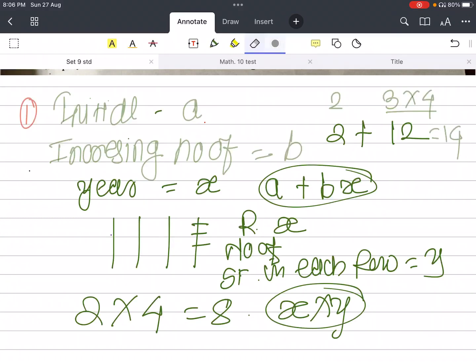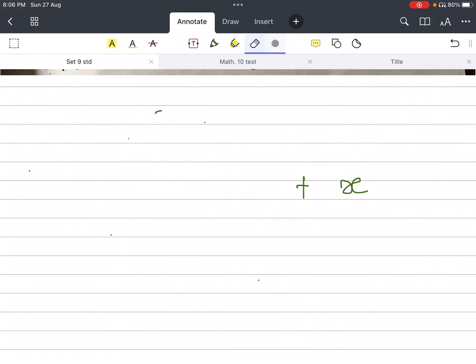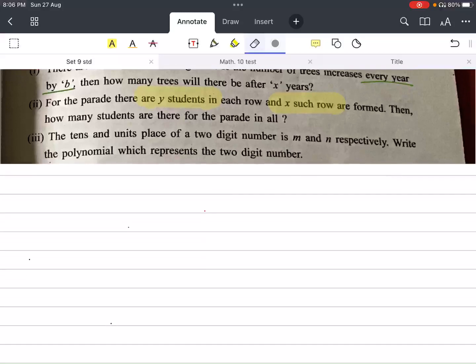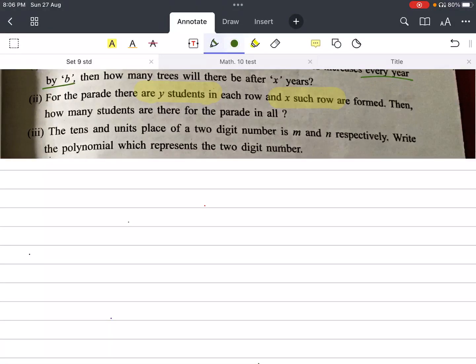Next, the third example, which is a similar example, and we have to talk about this example. First of all, we will understand the question. The tens and units place of a two-digit number are m and n respectively. Write the polynomial which represents the two-digit number.